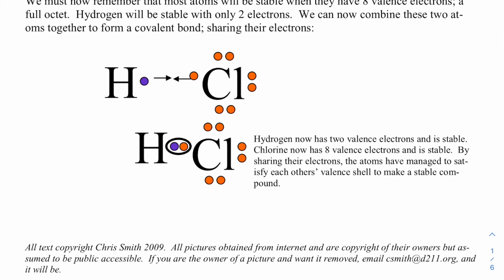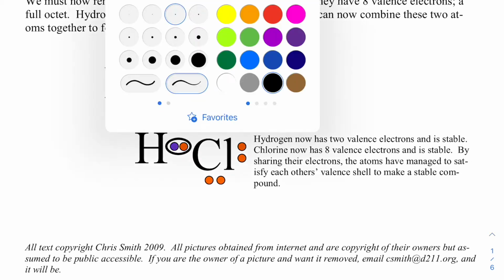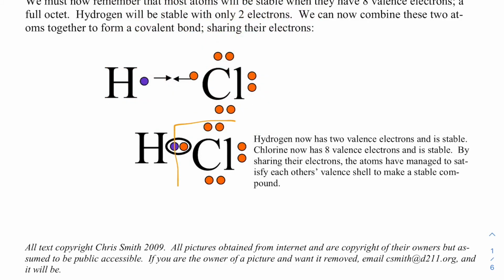Hydrogen will contribute 1 electron, and chlorine will contribute 1 electron. When this happens, if we look just at chlorine, you'll be able to see that chlorine now has not only 7, but 8 electrons around it. And when we look at hydrogen, hydrogen now has 2 electrons.